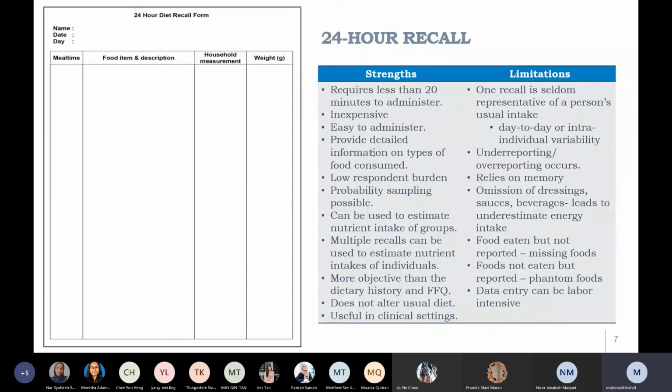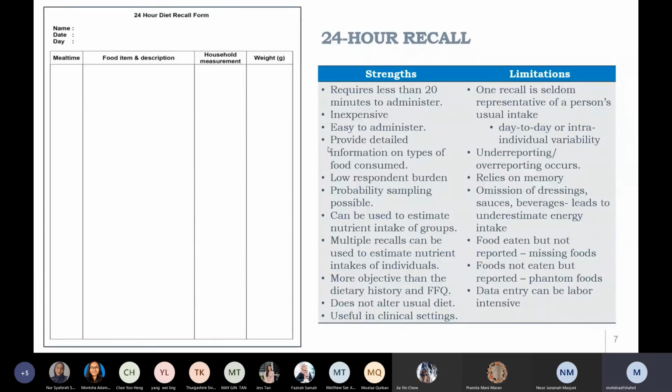So the strength of this method is it requires less than 20 minutes to administer, because we only ask a single 24-hour recall. It's also inexpensive because we only need a form, maybe some household tools and food models to help the respondents.